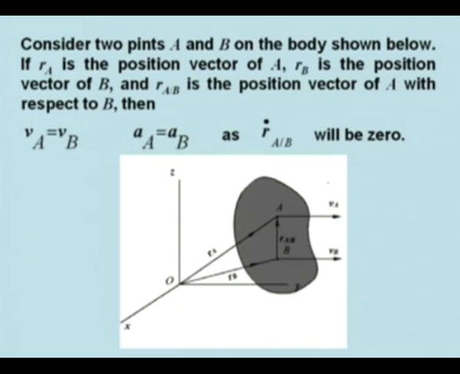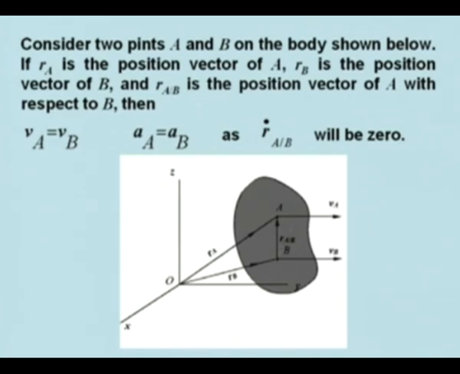If RA is the position vector of A, RB is the position vector of B, and RA/B is the position vector of A with respect to B, then VA is equal to VB, because RA is equal to RB plus RA/B, a sum of these vectors, and RA/B is always constant because it is not rotating.